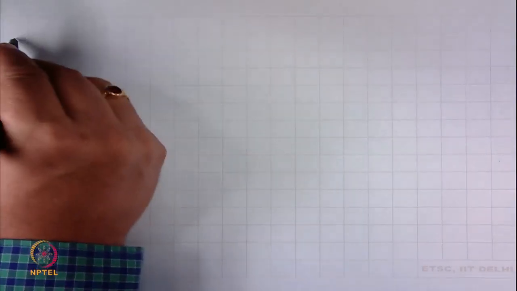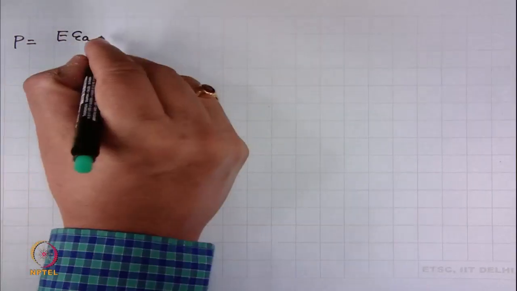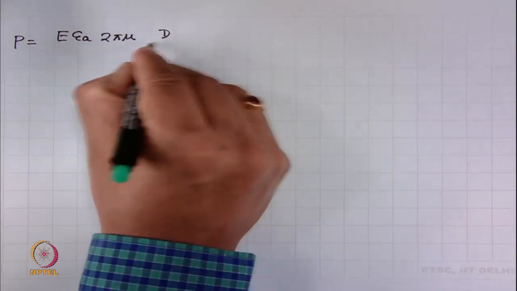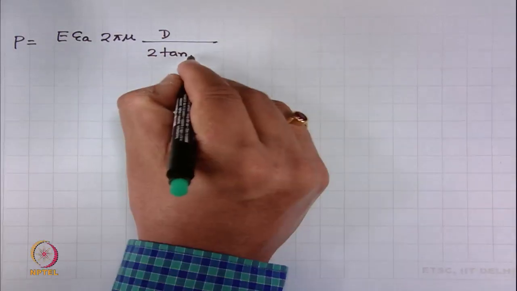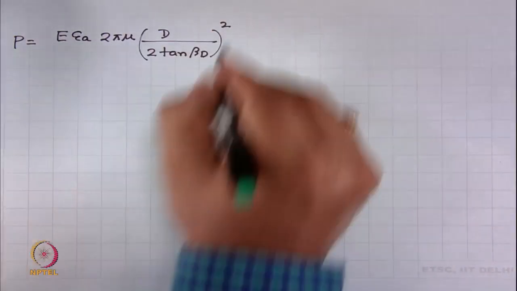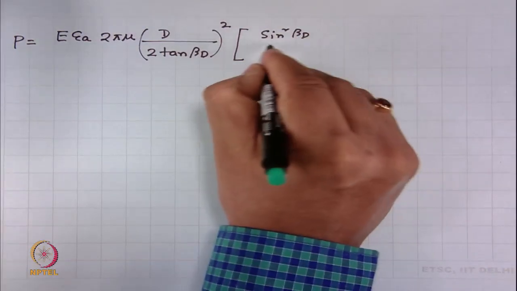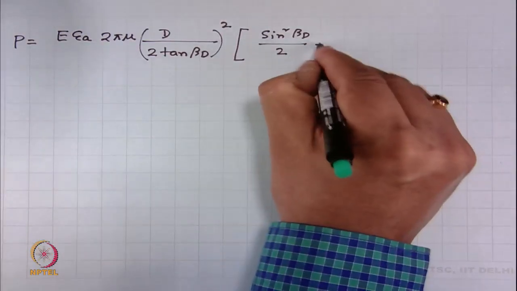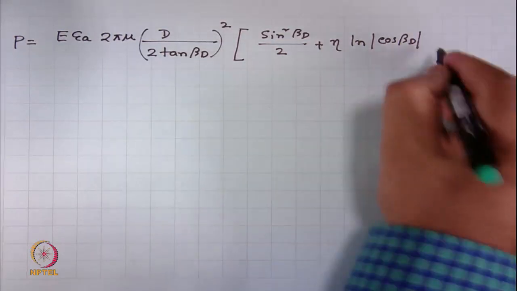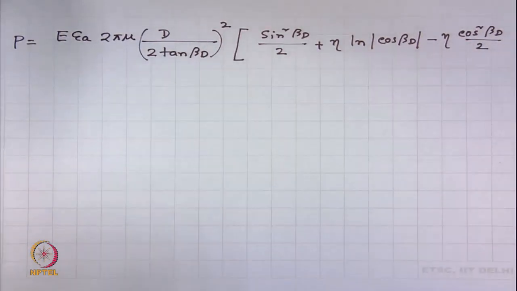So, P equal to E epsilon A by 2 pi mu d by 2 tangent beta d square, sin square beta d by 2 plus eta ln cos beta d minus eta cos square beta d by 2.